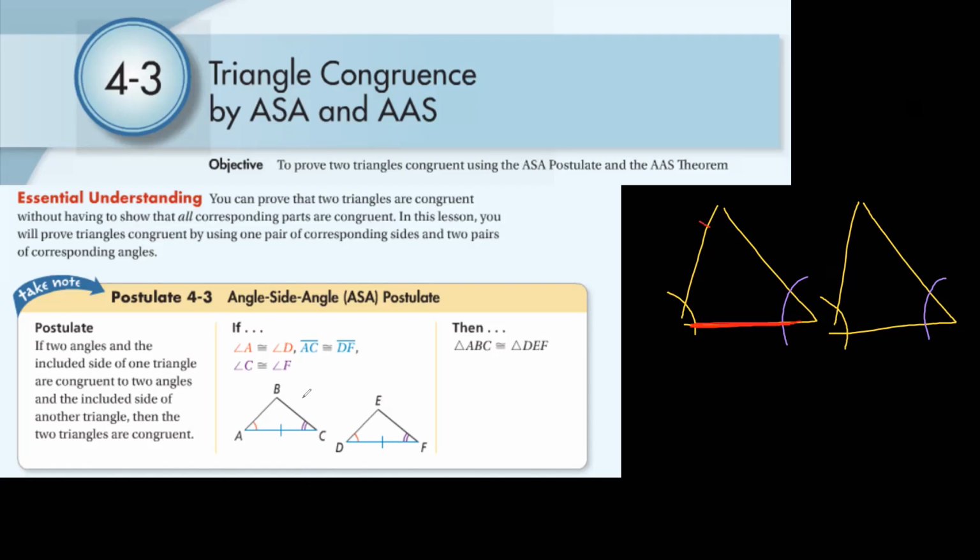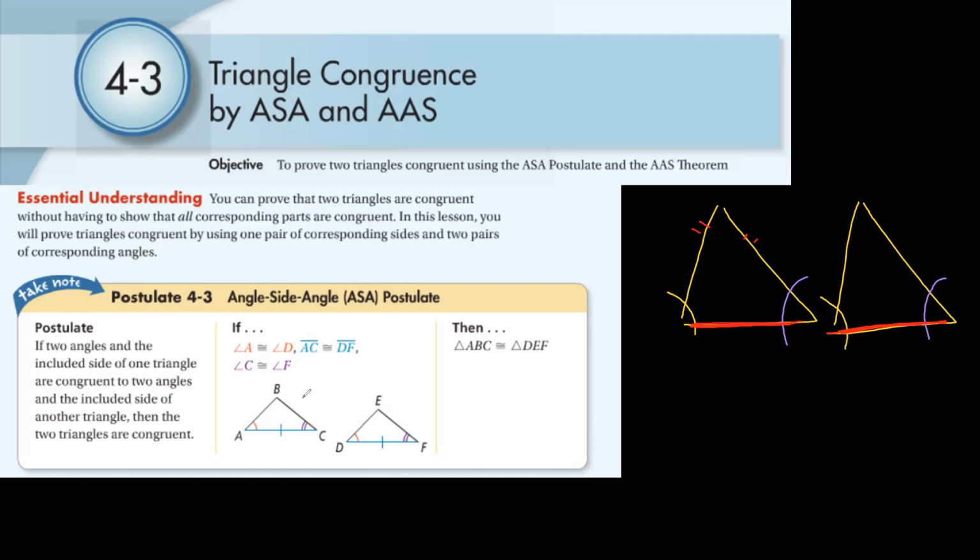I cannot use this side or this side. No, the side must be included between these two angles. If this side is congruent to this side, I can say that my two triangles are congruent. This will be my third postulate.